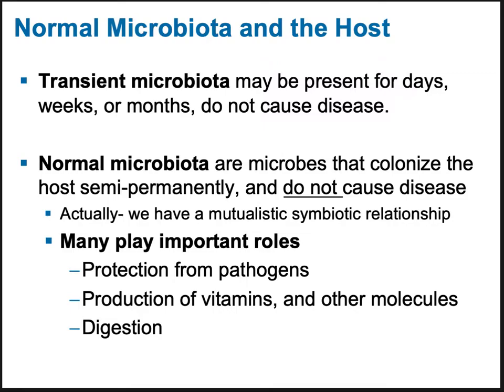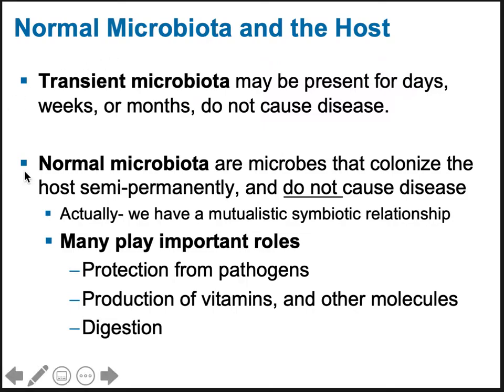Transient microbiota are temporary. Could be anywhere from days, weeks, or months. Still not causing disease. Normal microbiota we consider to be permanent residents. So microbes that colonize the host at least semi-permanently and also are not causing disease. But again, any of the microbiota could be potential opportunistic pathogens.